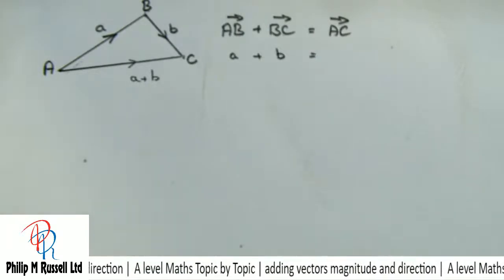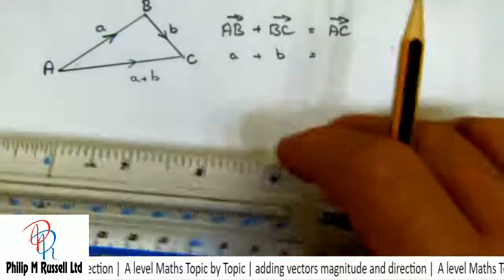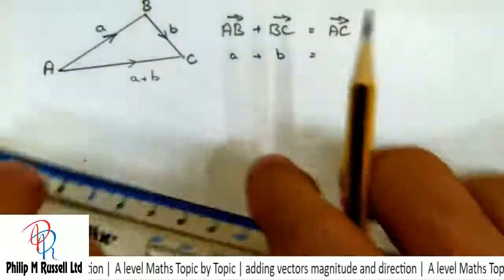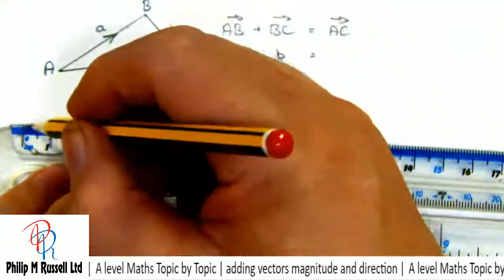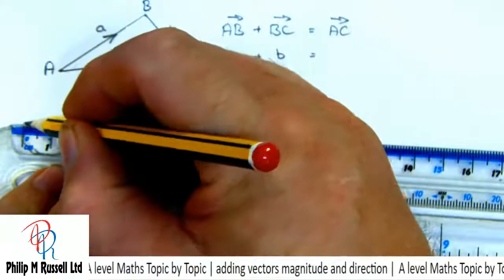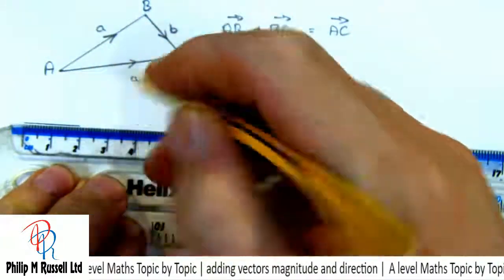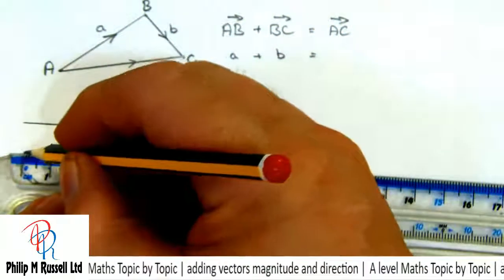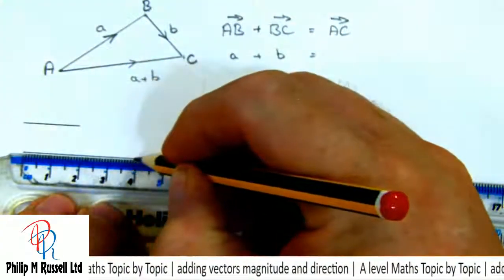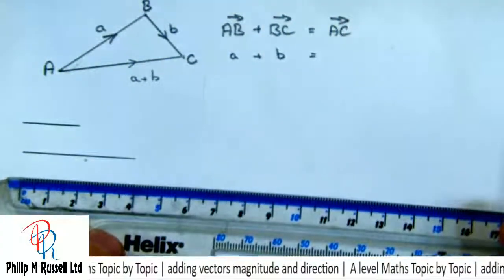Now, when we look at a vector, I can take a simple vector, and let's have a look at some of these. So let's have this vector. This is a 2 vector. This is a 4 vector.